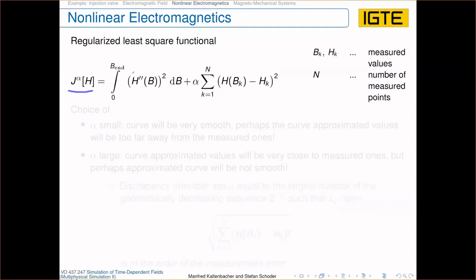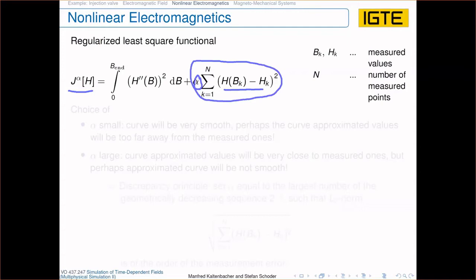On the other hand, we also want to meet the measurements. How we try to meet the measurements is defined by this parameter alpha. The larger alpha, the more this whole term will be of importance, and the more we will be able to meet the measurement points.